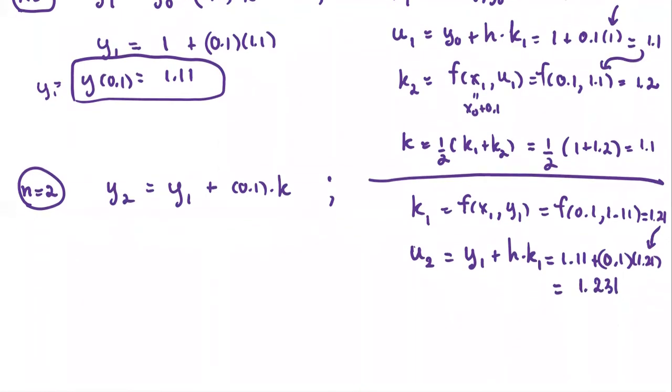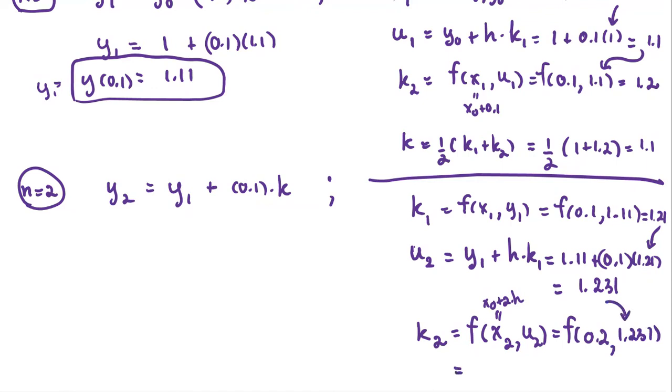We use u2, which is called a predictor, to get the slope of this predictor. So k2 equals the function at x2, u2, or the function at 0.2. We call x2 is x0 plus 2 times the step size. Step size is 0.1, therefore x2 is 0.2, and u2 is 1.231.